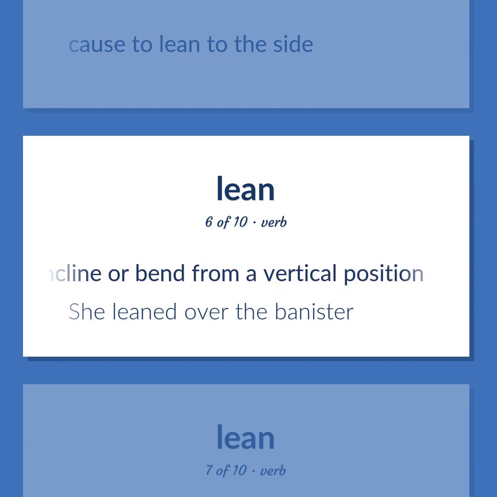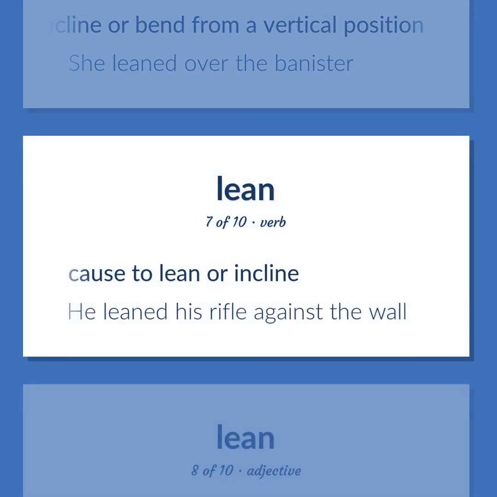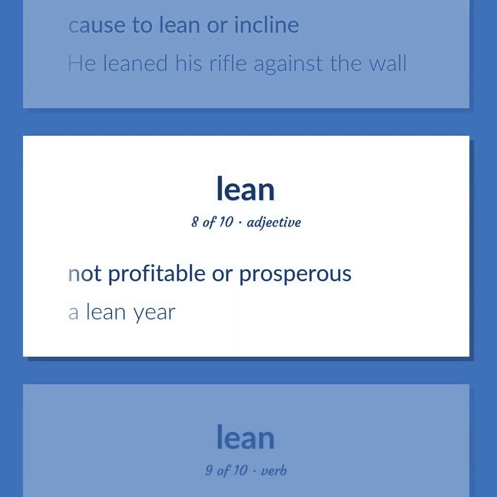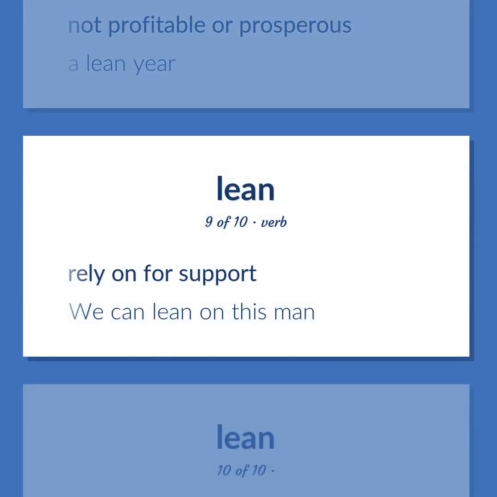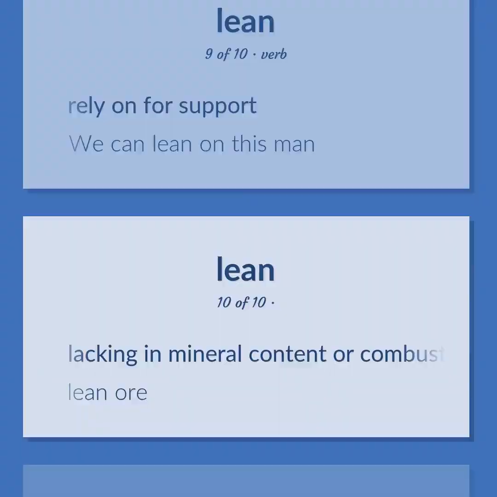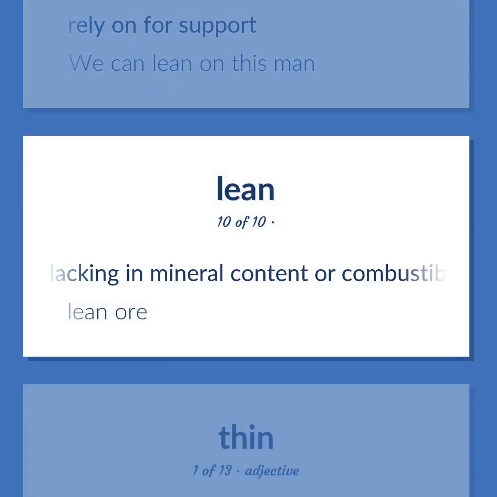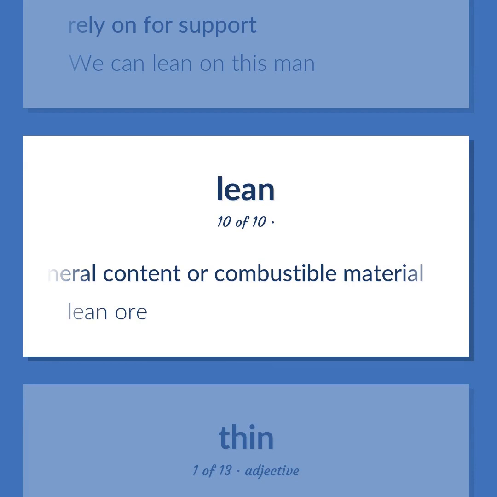She leaned over the banister. Cause to lean or incline. He leaned his rifle against the wall. Not profitable or prosperous. A lean year. Rely on for support. We can lean on this man. Lacking in mineral content or combustible material.